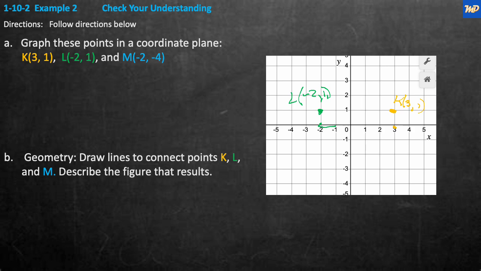M is minus 2, minus 4. So we're going to go minus 2, just like we did on L. We're going to go 1, 2, and then negative from 0, and 4 down, because we're below. So we're going to go 1, 2, 3, 4. So our point is right here. And M then is negative 2, comma, negative 4.